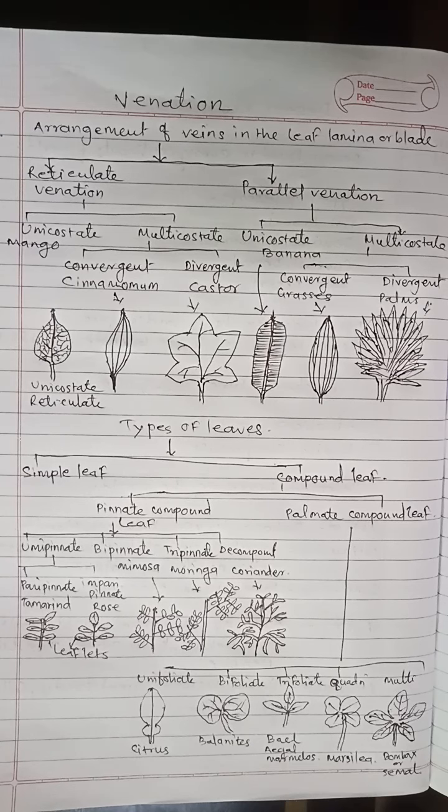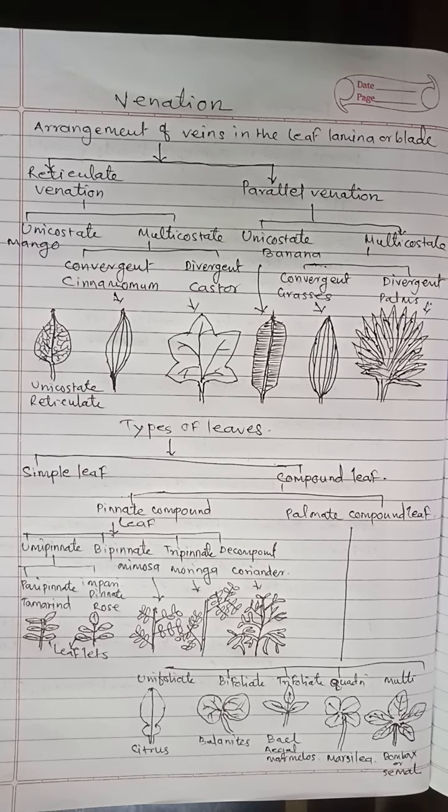First one, that is reticulate venation. This type of venation is common in all dicot leaves. In this type of venation, there is a prominent vein called the midrib, from which arise many small veins which finally form a net-like structure in the lamina.